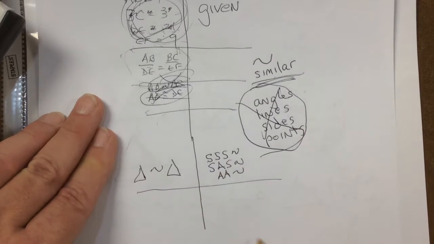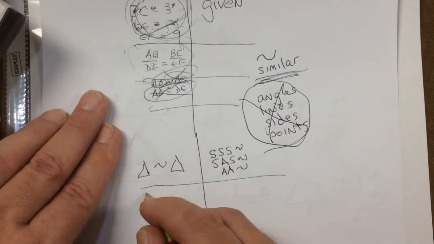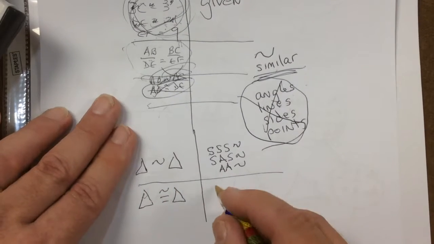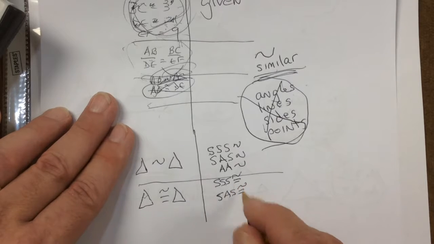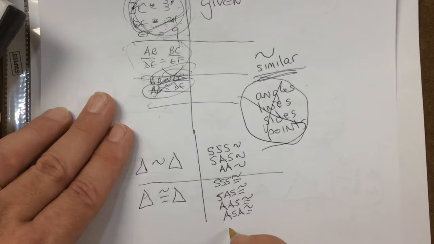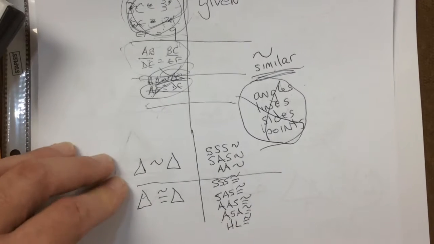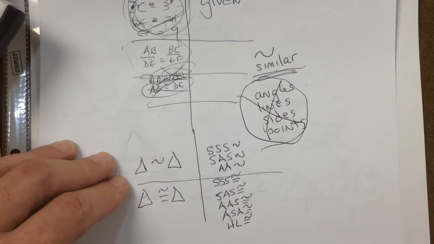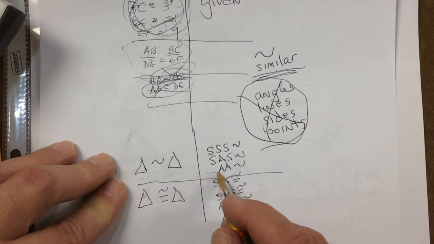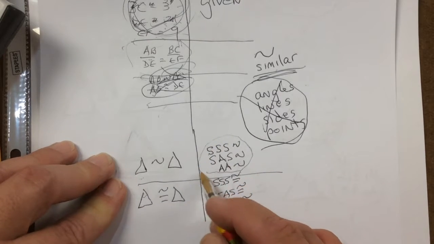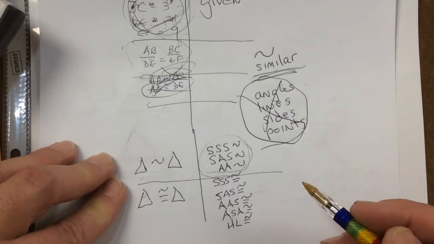If you decide that two triangles are congruent, you can put this here, you can put this here, you can put this here, you can put this here. You've got 5 choices. The top one is for similar, the other one's for congruent. Right. And it goes the other way too. You can't use these to prove anything else.